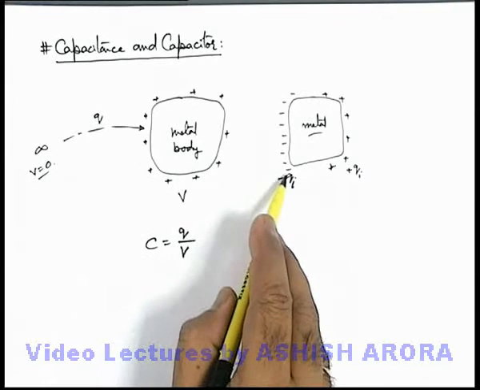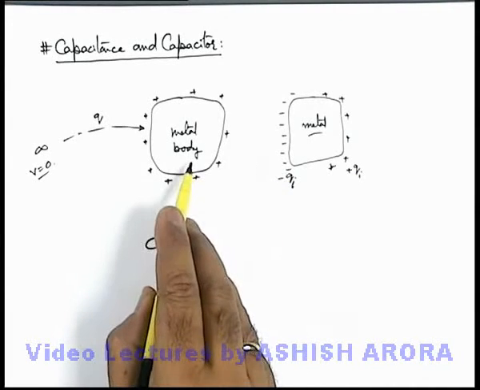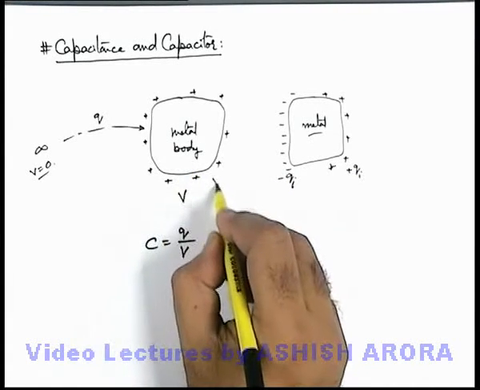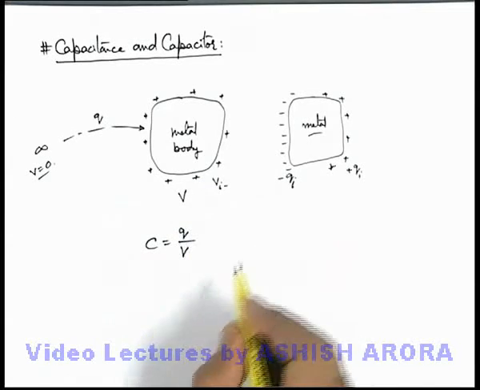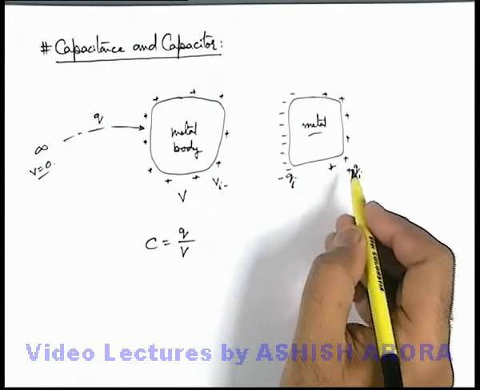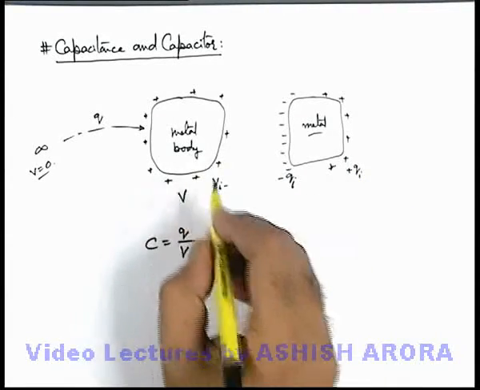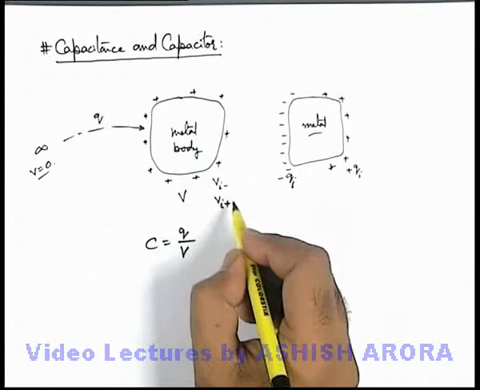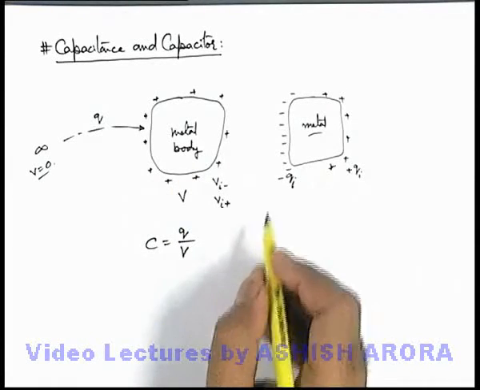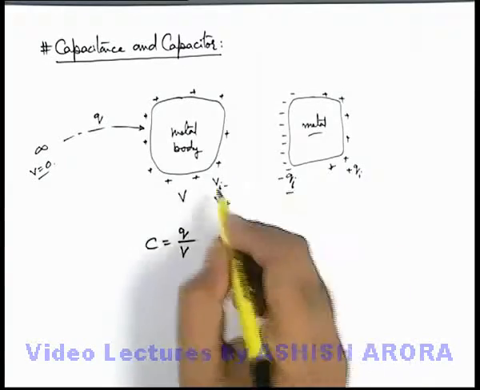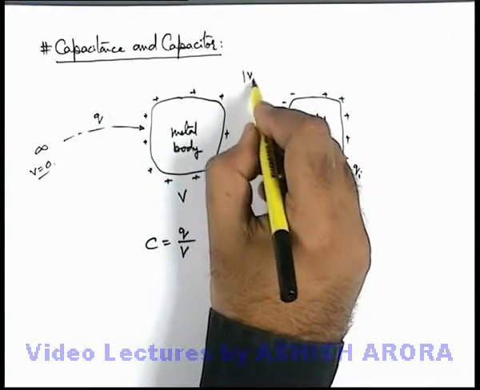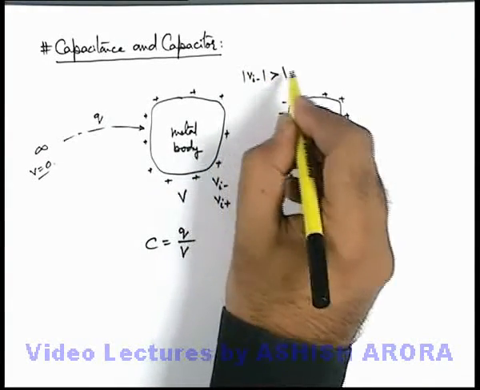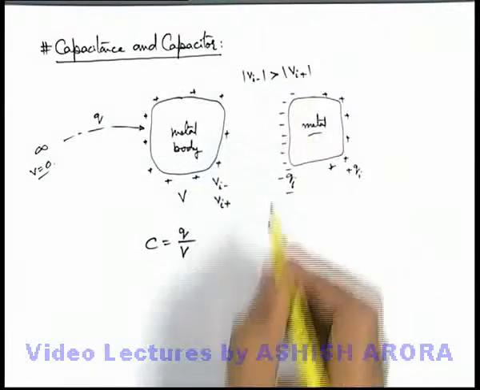So this negative Qi will produce some negative potential on the metal body, say Vi minus. And this positive charge will also produce some positive potential, Vi plus, onto the metal body, and as this negative charge is closer, in magnitude Vi minus will be more than Vi plus.